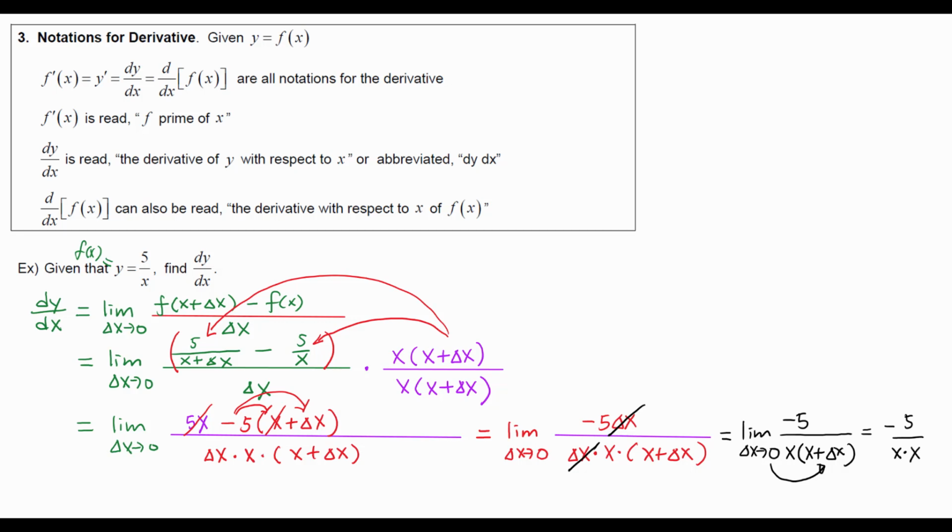So finally, my limit is equal to -5 over x squared. So my derivative of y with respect to x is equal to -5 over x squared.